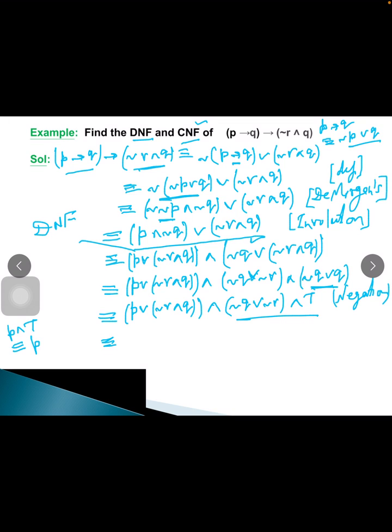According to that, we have P or (negation R and Q), and it becomes P, and negation of Q or negation of R.